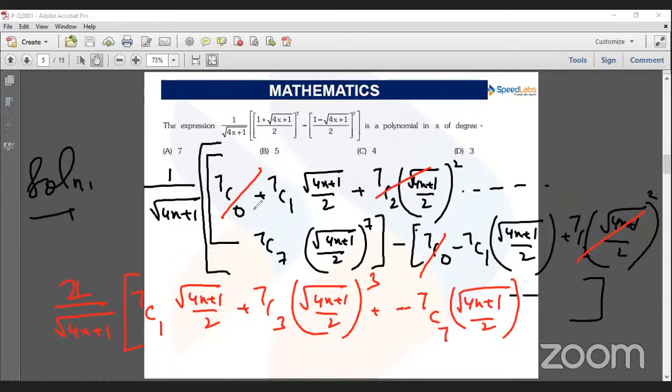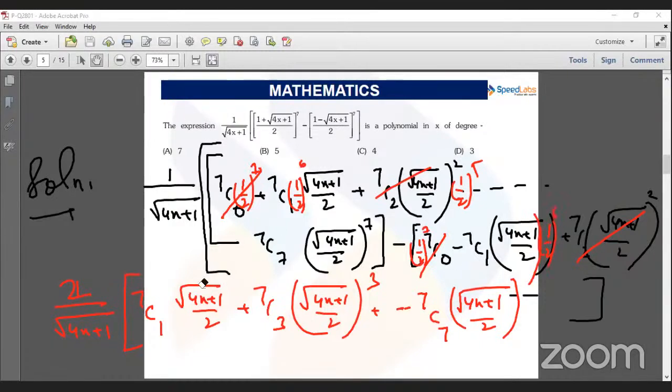Okay, it will be half, no? It will be half power 7. It will be half power 6, half power 5 in all the terms. Half power 7 here and similarly half power 6 here.